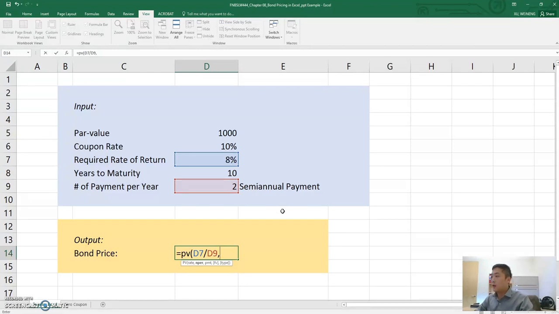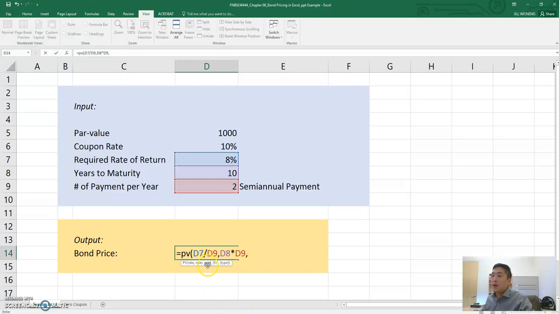Now you hit a comma, and then you have the second input, which is the number of payments. Since this is a bond that matures in 10 years with 2 payments per year, the number of payments is going to be 10 multiplied by 2. So that's a total of 20 payments.